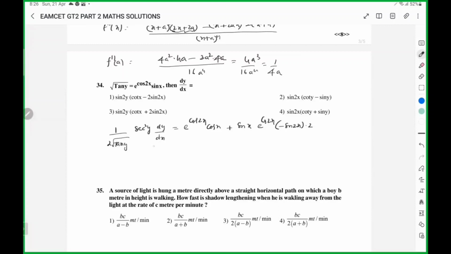So here dy by dx is e power cos 2x cos x, minus 2 sin x e power cos 2x into sin 2x, into 2 root tan y, whole divided by secant square y.